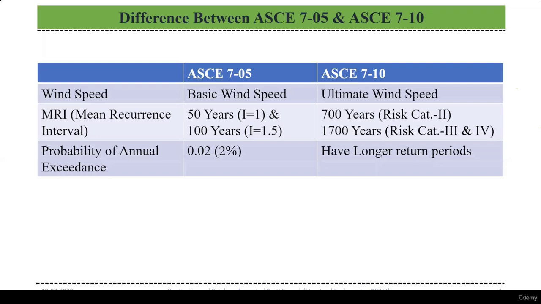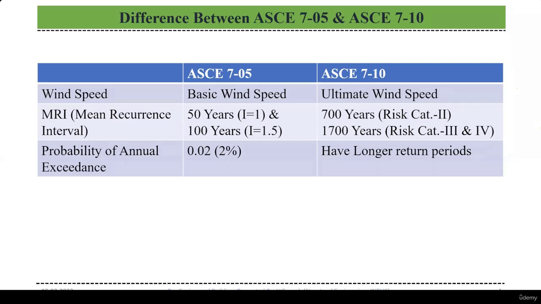Risk category is also like importance factor, based on the occupancy category, like school buildings, commercial buildings, marketplaces or some public places. They have divided into 4 categories, 1, 2, 3 and 4. Category 1 is the same as in ASCE 7-5 with 50 years, category 2 is 700 years. For 3 and 4, the wind return period is 1700 years.